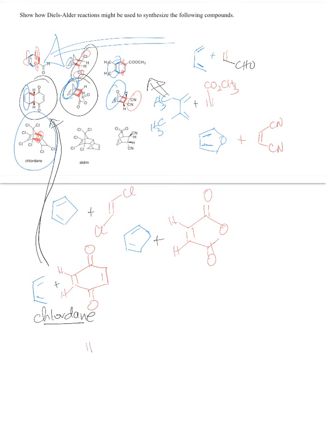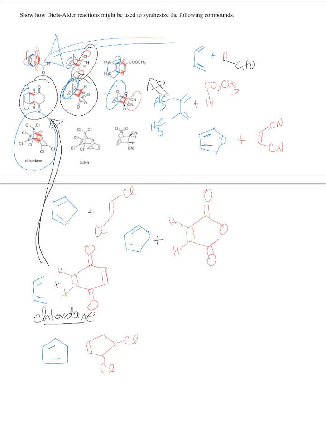So here is your dienophile. It's a 1, 2, 3, 4, 5-membered ring. So let's count the 5. Chlorine there, and so that's your diene. And then your dienophile, and then your diene came from a 1, 2, 3, 4, 5-membered ring.